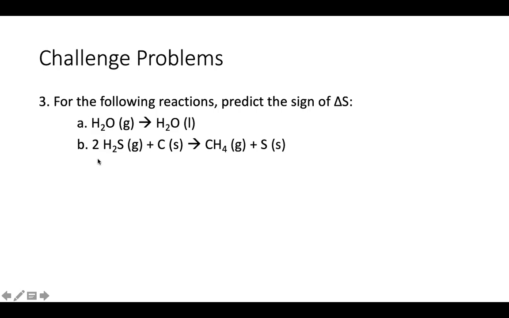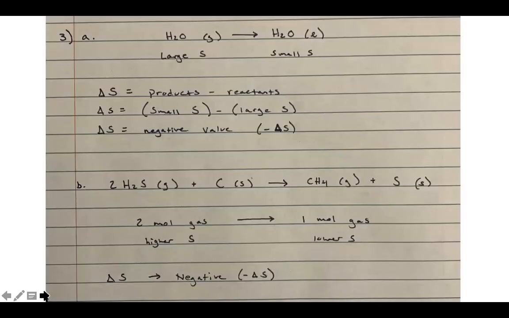So we would predict, because we have 2 moles of gas on the reactant side in part B, that the reactant side is higher disorder compared to the product side, and therefore when we find the delta S, we would predict that B would also have a negative delta S. Okay, so I'll leave this up for just 1 second, but again, this is basically just saying the same thing I just verbally explained.